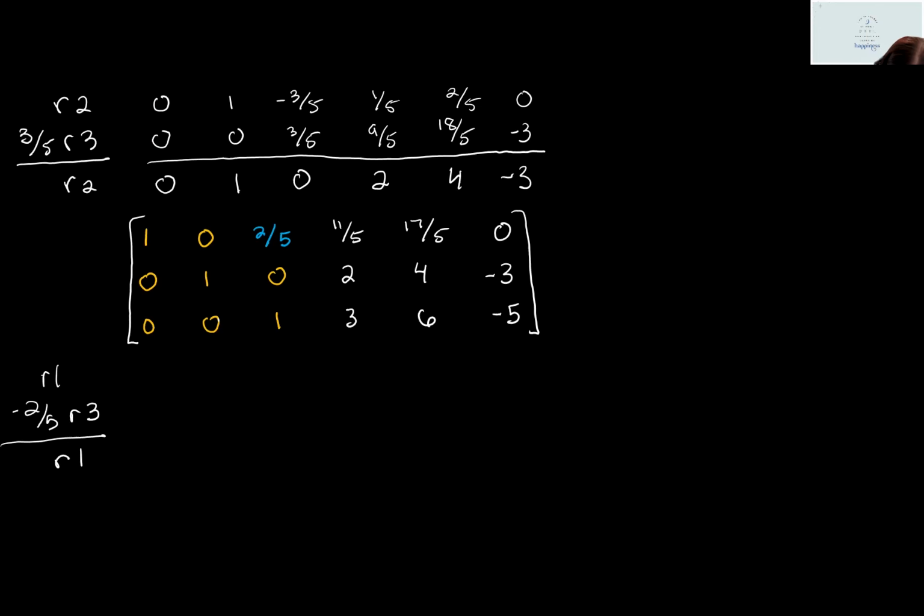So I'm going to copy down my row 1. And then I'm going to multiply my row 3 by -2 fifths.